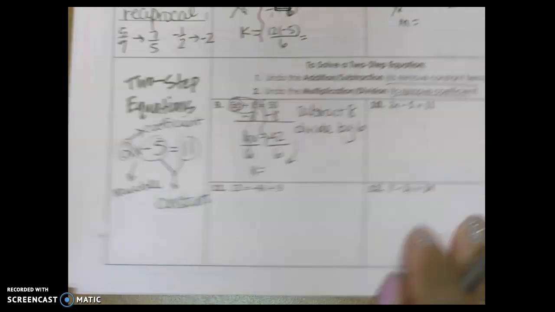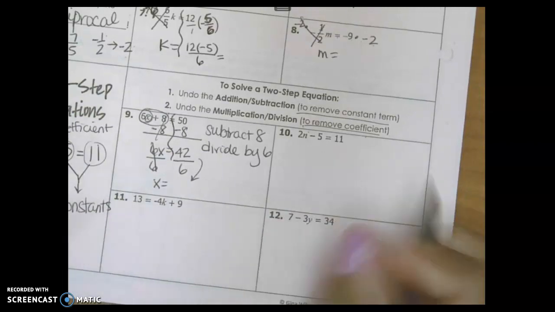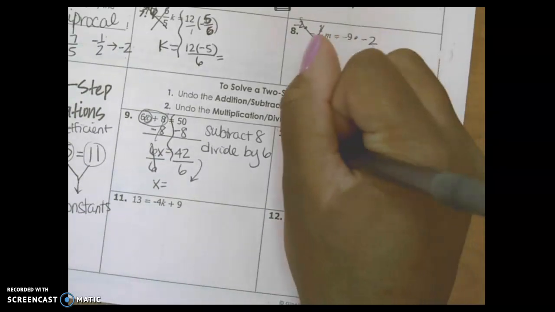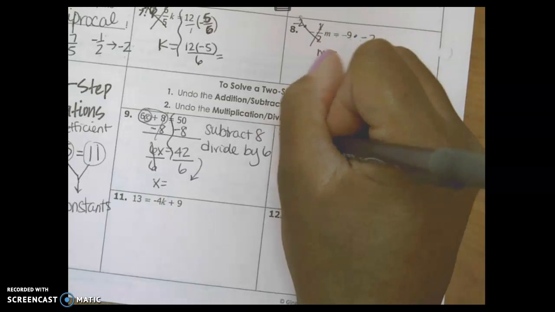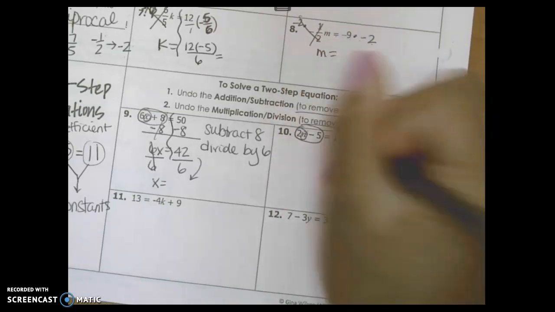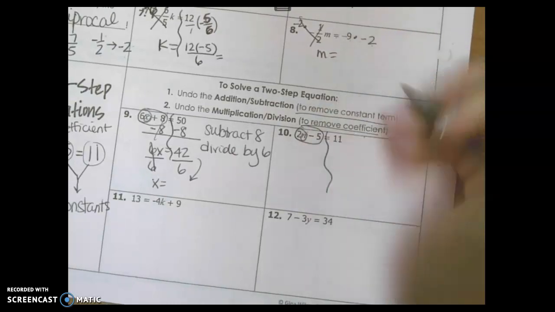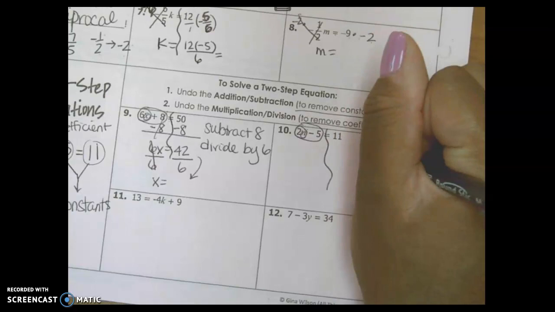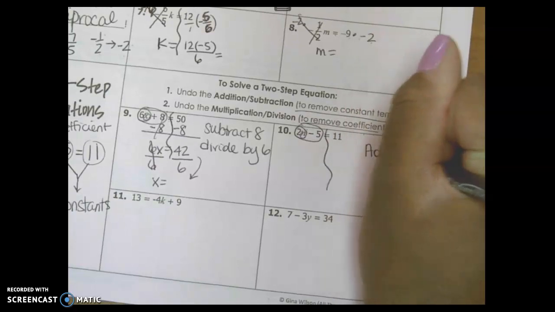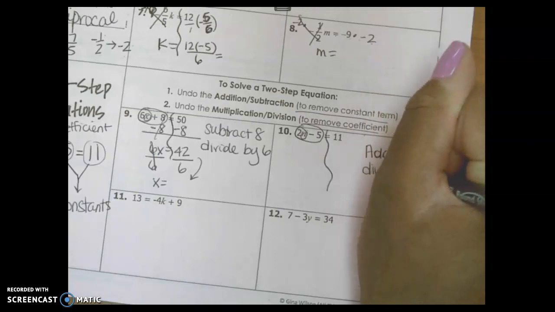All right. On this side, circle your variable and its friend, circle variable, its friend, and the constant. Sorry, river. The opposite of minus 5 is plus 5. So I'm going to add 5 on both sides. And then I'm going to divide by 2.